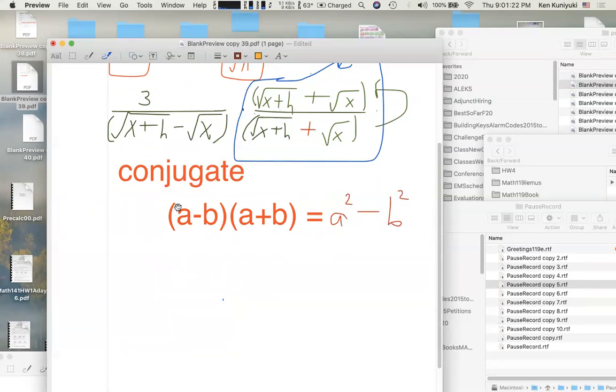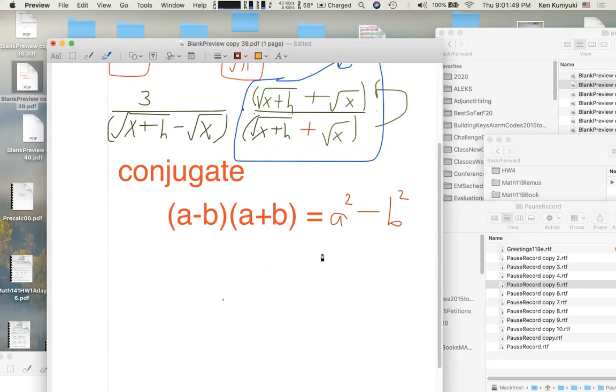Because if you FOIL it, you get a times a is a squared. The outer product, a times b is ab, but the inner product is the opposite of ab. They cancel each other out. Then the last product, the opposite of b times b, is the opposite of b squared. So this is a squared minus b squared. If you look backwards, that's a factoring rule. I don't care what order you put these in.